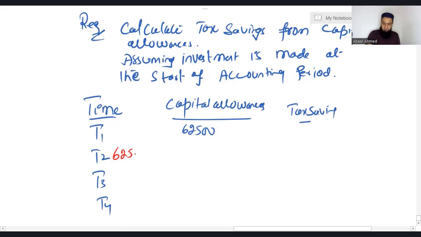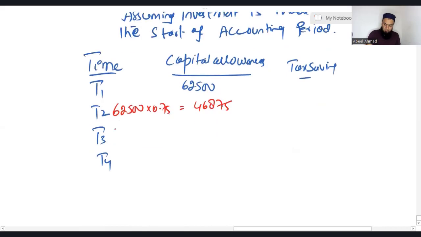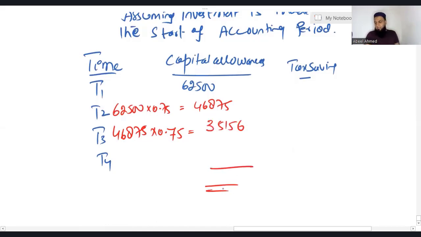Just take the capital allowance of the first year into 0.75. We are getting 46,875. Third year: 46,875 into 0.75, I'm getting 35,156. As I did discuss in the previous question, in the last year, you will always be having a balancing figure.